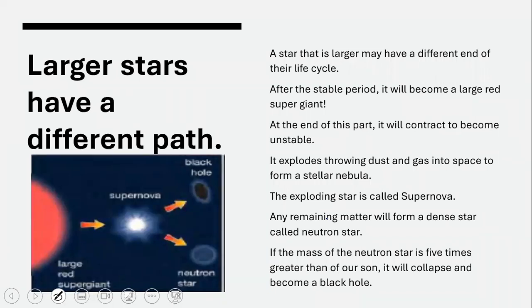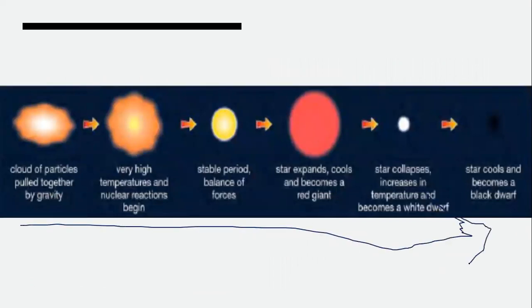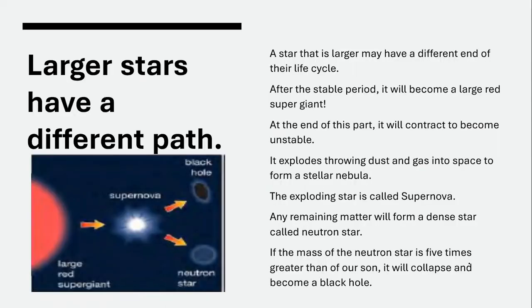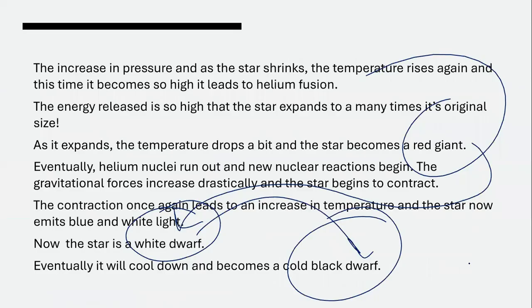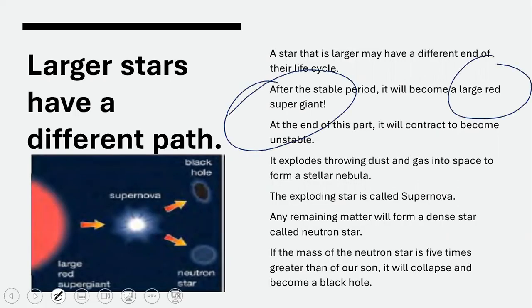the star. This entire thing that I just told you is for a small to a medium star. There are some stars that are very large. So what happens to a large star? A large star won't turn into a red giant, it will turn into a red supergiant.